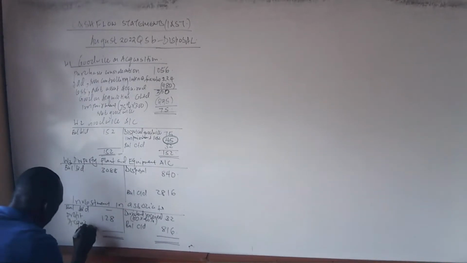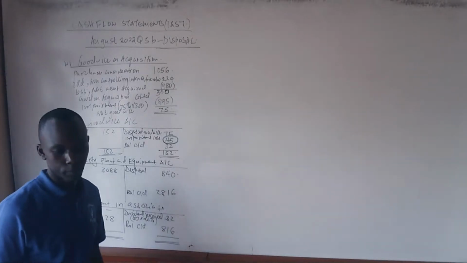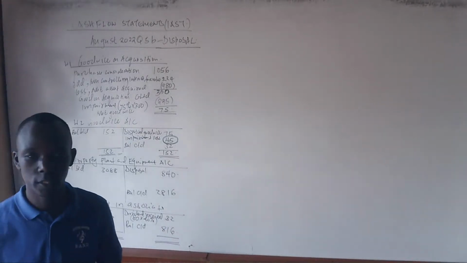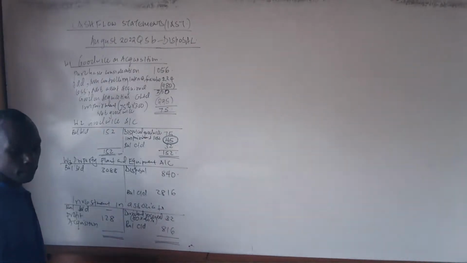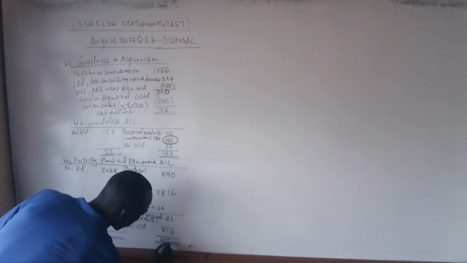And therefore we have the acquisition. Acquisition or purchase of how much? This plus this. 32 plus 816, how much are you getting? 848.